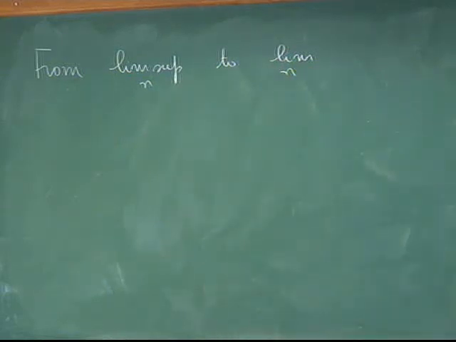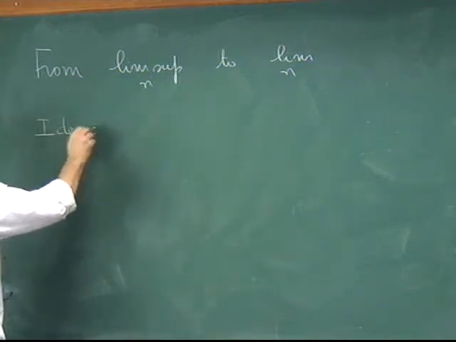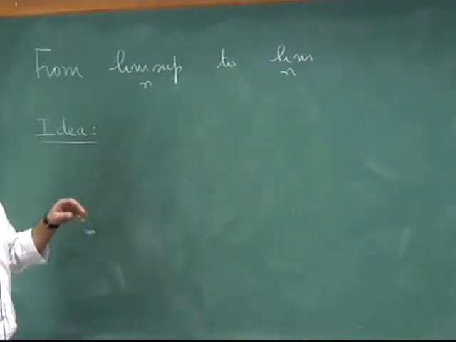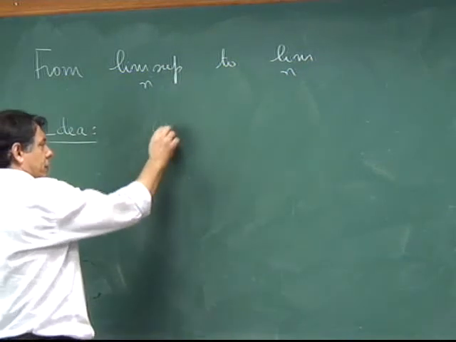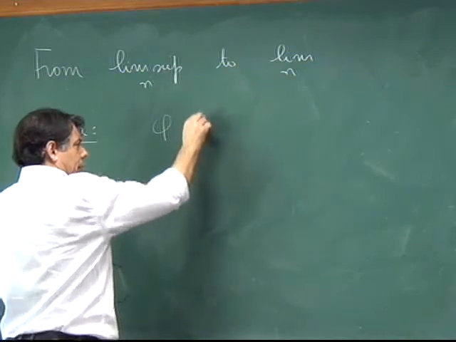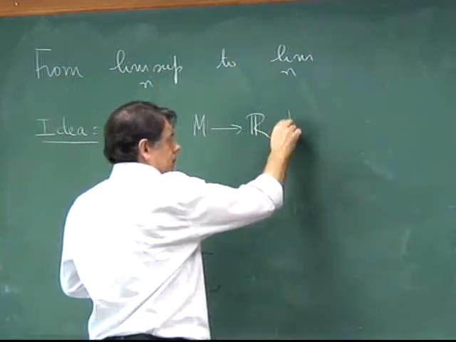Now, the idea is the following. Let's go back to a much simpler situation. Suppose you have a function phi from M to R, a bounded function.